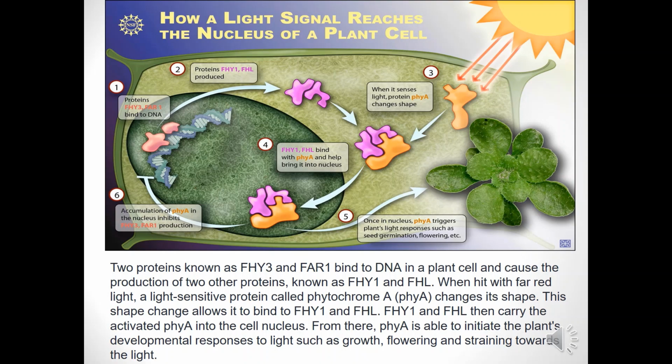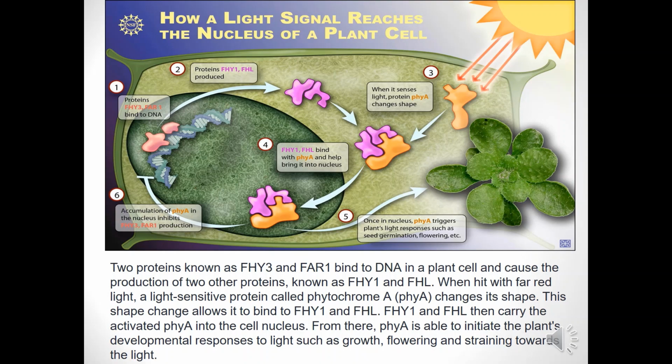When these changes occur, it allows phytochrome A to bind with FHY1 and also FHL. When this new conformation occurs, it is able to enter the cell nucleus.